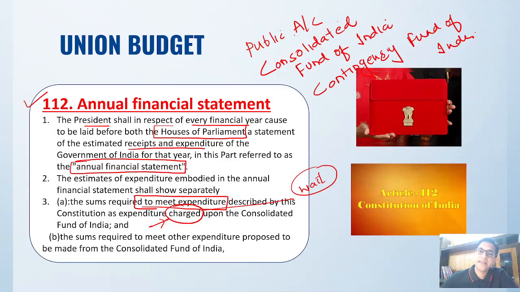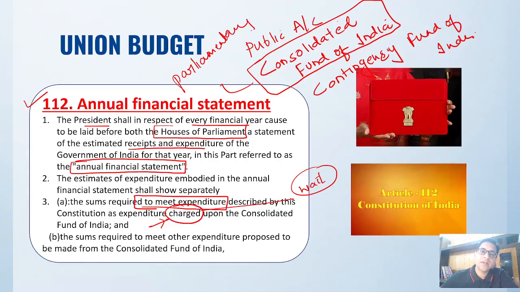So this consolidated fund of India is directly under parliamentary control. And from here only you have to take out the money to spend on whatever things you have to do. So in order to take out the money from the consolidated fund of India, you have to present a budget that is called the annual financial statement. It is voted upon, and once it is passed, now you can extract the money from the consolidated fund of India. And this contingency fund is an emergency fund.